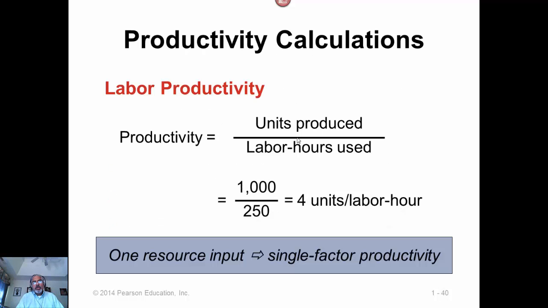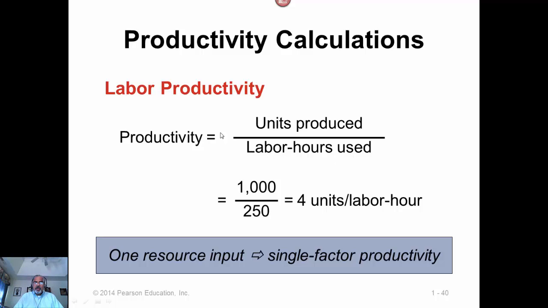When you're looking at only one input in the denominator, that kind of productivity is called single factor productivity: one resource input. The most important and most often cited single factor productivity is labor productivity. You have units produced in the numerator, and remember this can be dollars or units, divided by labor hours used.